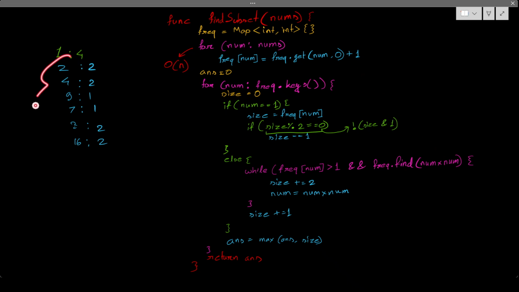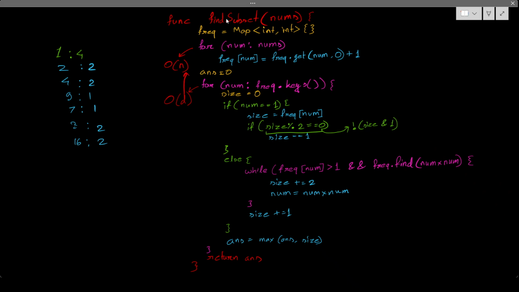So it is nothing but the length of the keys. Let's say it is running for big O of d times, where d is the number of distinct items. At most d could be n.